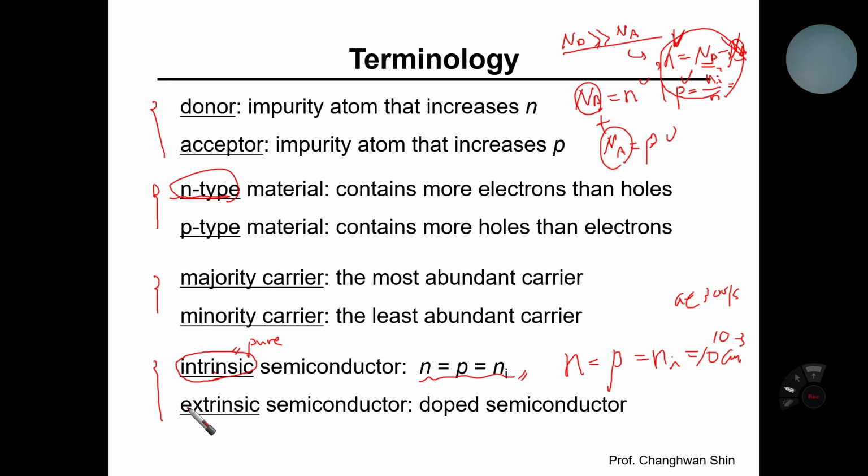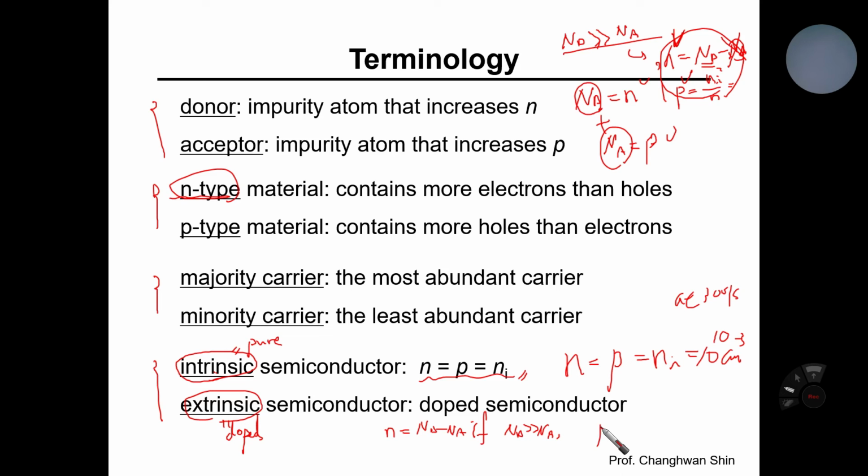And what about the extrinsic semiconductor? Extrinsic means, simply speaking, doped semiconductor. When an intrinsic semiconductor is doped with an acceptor and donor, then we can say that this semiconductor is extrinsic material or doped semiconductor. In this case, electron concentration n can be determined by Nd minus Na if Nd is much higher than Na.